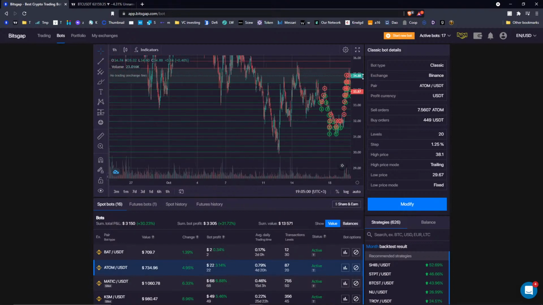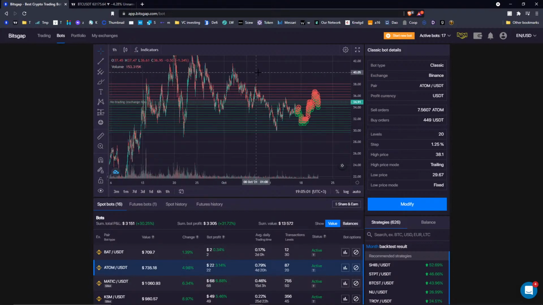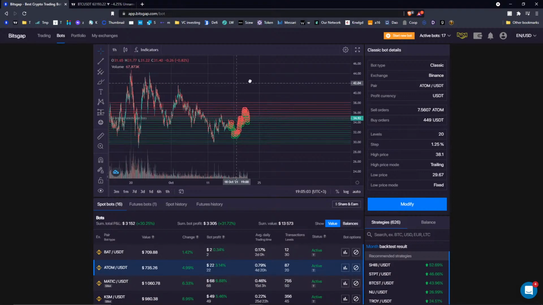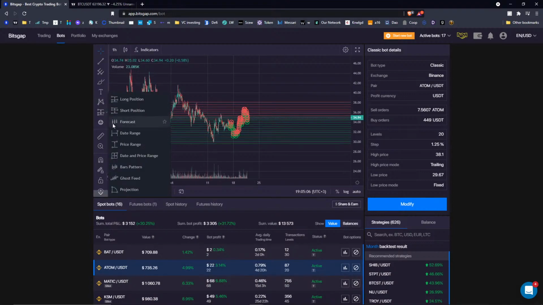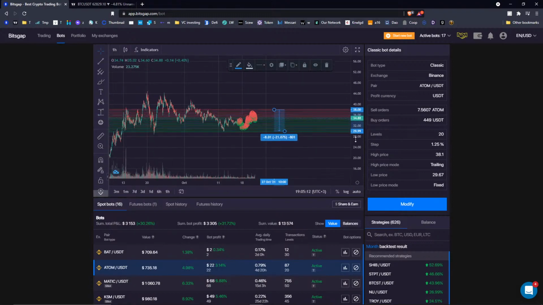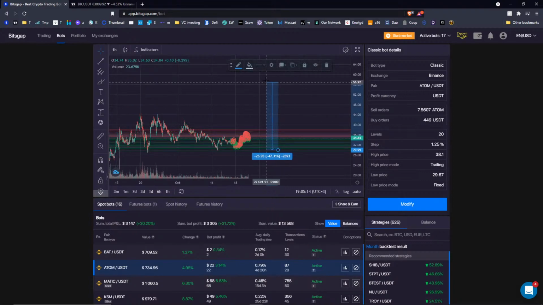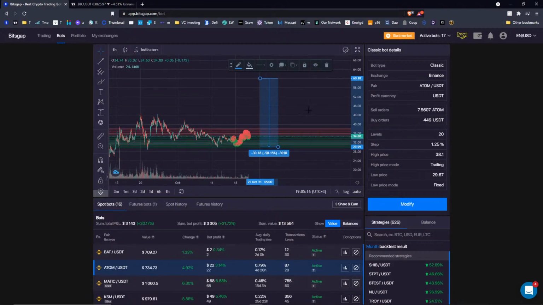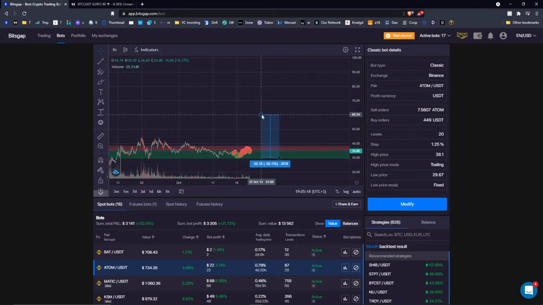So that's why if you have a really wide trading setup, not as I have it here, it's around 21%, but let's say your trading range is so wide that it covers 50% or maybe 100%, whatever.